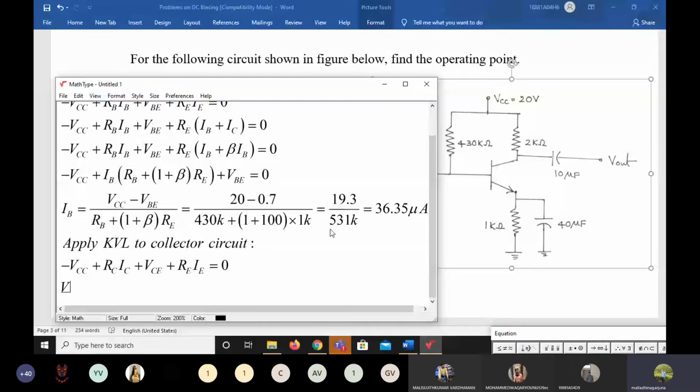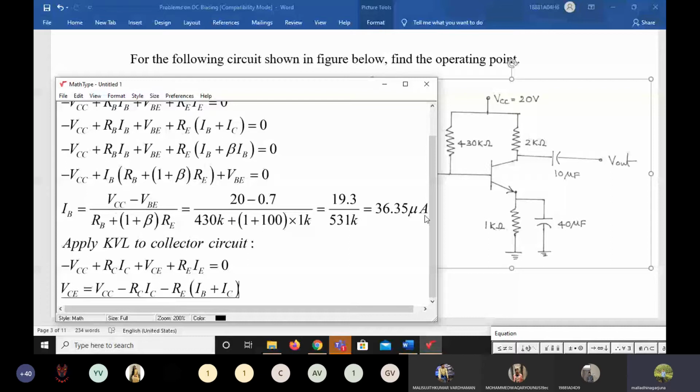From this you can write VCE equals VCC minus RC IC minus RE into IB plus IC.